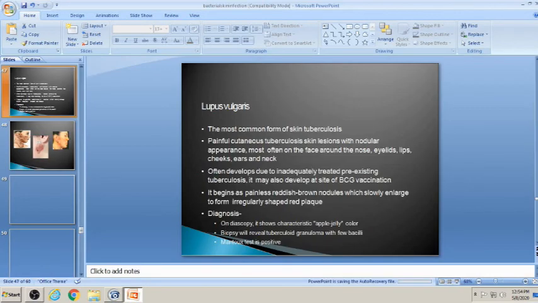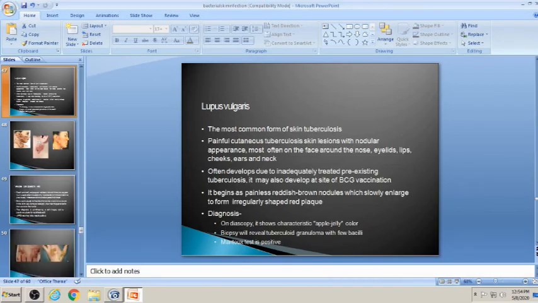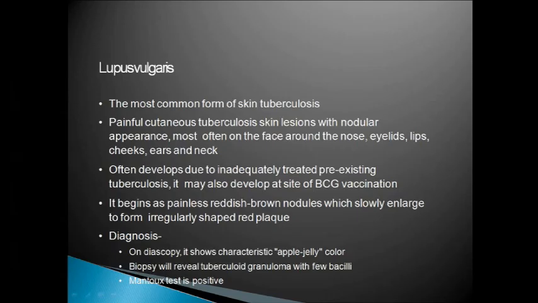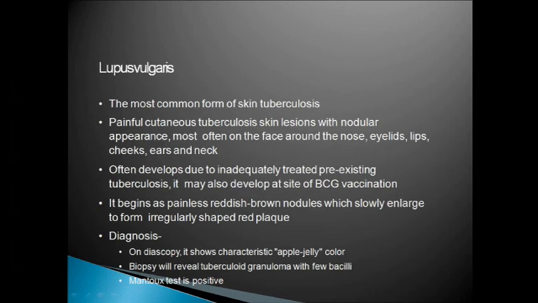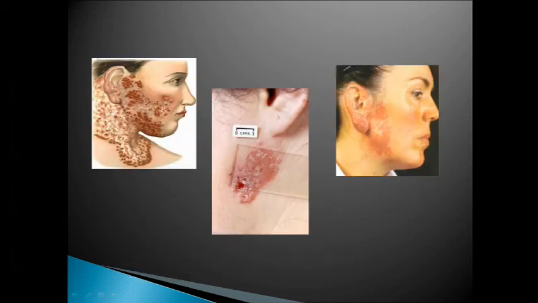Now talking about the various lesions in tuberculosis, I will talk about a few conditions, that is lupus vulgaris, most commonly. It is a common skin lesion. So see here, lupus vulgaris is progressively growing. It is a painful, progressively growing tubercular lesion, or it has a reddish brown nodule which will slowly enlarge and heal with crusting and scarring. So from here it will start, it will go upwards, and where it goes upwards, it will heal with crusting and scarring.